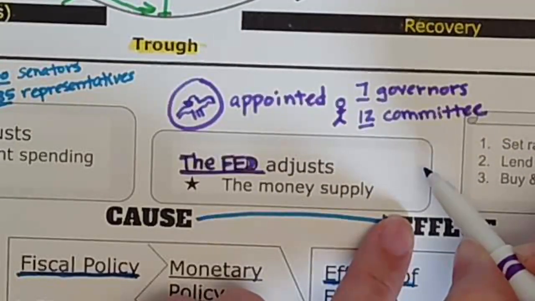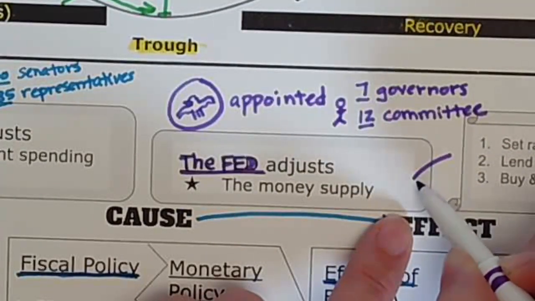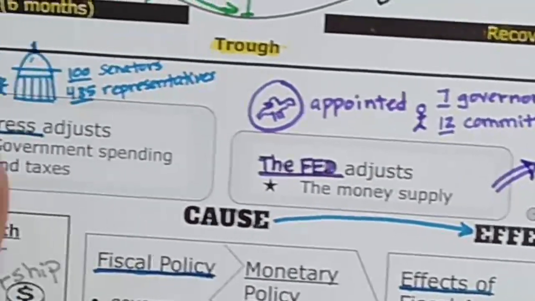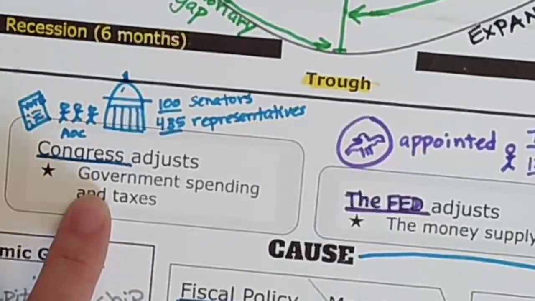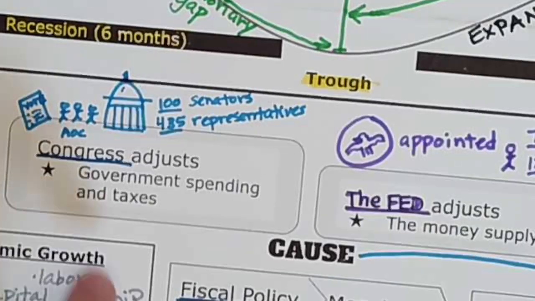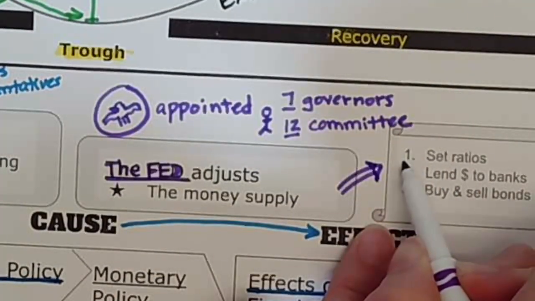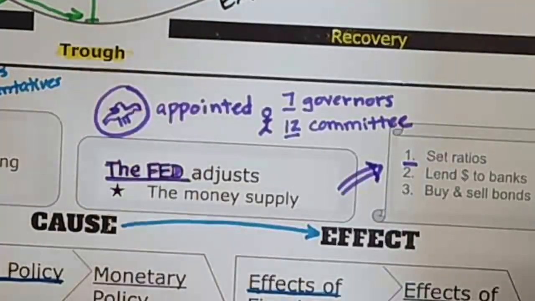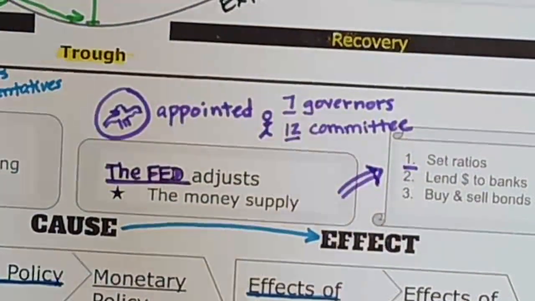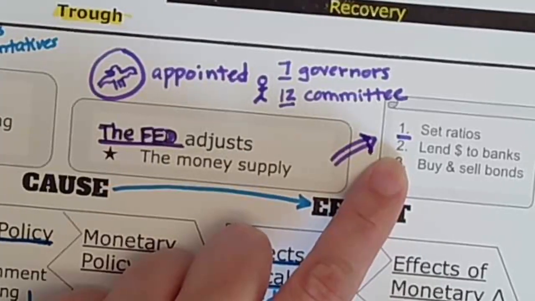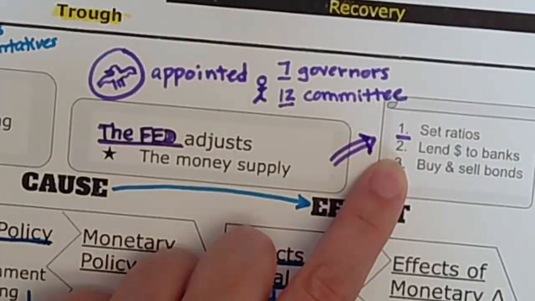They can do these things over here. So we're going to draw a little arrow here. These are the things that they can do. Remember that Congress can change government spending and taxes. Here are the things that the Fed can do. They can set ratios to let us know how much money is out there. They can also set the ratios that tell us how much your, what's it called?